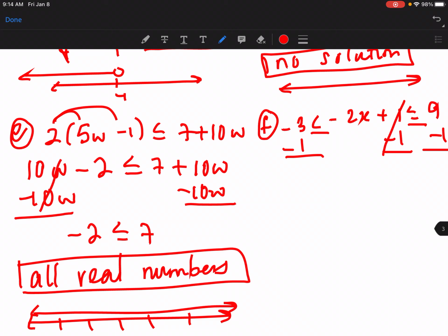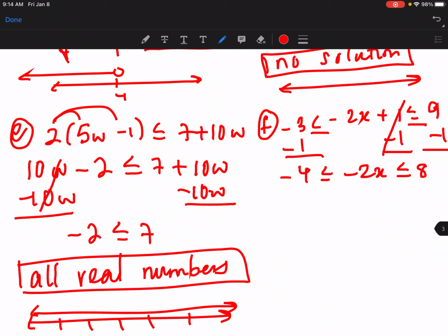Negative 3 minus 1 is negative 4, which is less than or equal to negative 2x. The negative 1 and positive 1 cancel out, and I'm left with less than or equal to 9 minus 1, which is 8.